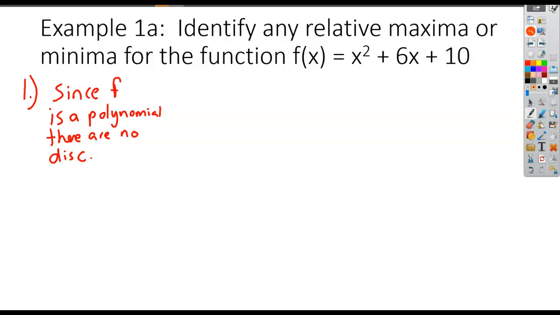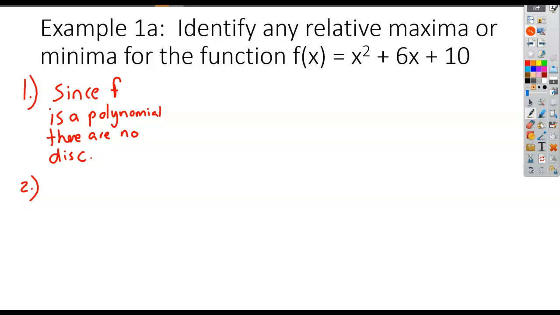Now, when you guys are doing your own work, you don't necessarily have to write that out. This is just for me teaching you. You do need to at least mentally acknowledge, does this thing have any discontinuities? No? Okay, move on. You don't necessarily have to write this down. But you do need to do that first step at least mentally.